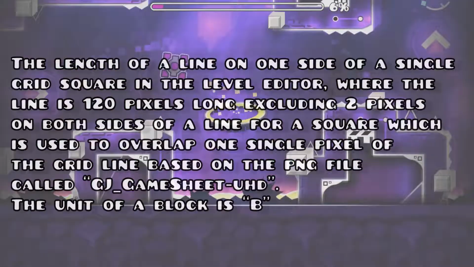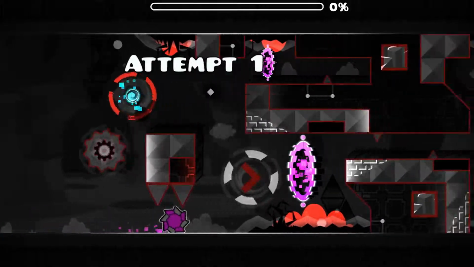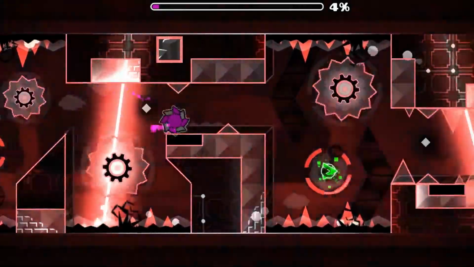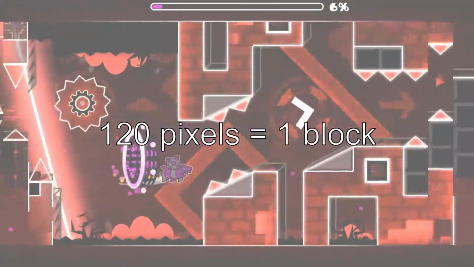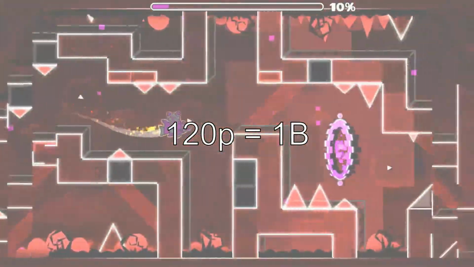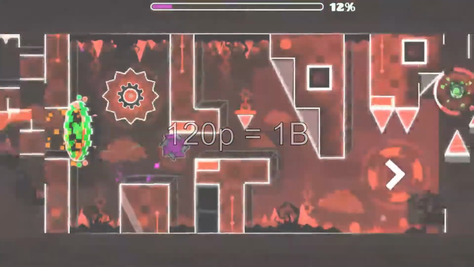The unit of a block is B. If that made no sense to you, okay, I'll simplify it by expressing it in mathematical terms. 120 pixels is equal to 1 block, or in proper units, 120p is equal to 1 capital B.